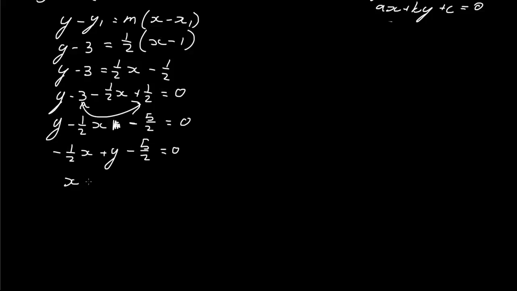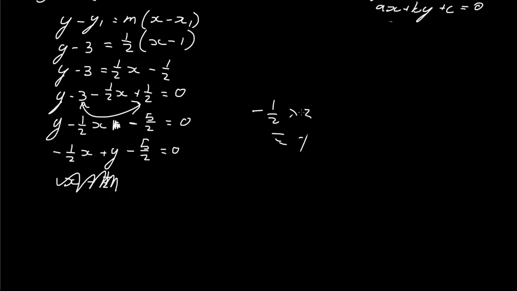No, we need to multiply through, I made a mistake there. To get this to be equal to 1, to get rid of this fraction, we need to multiply through by negative 2. Because negative a half times 2 is equal to negative 1.